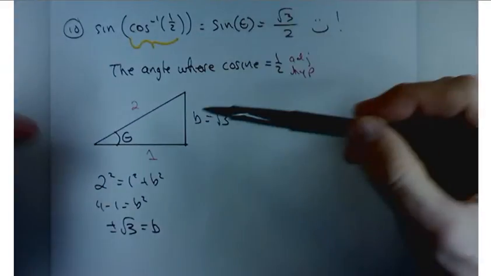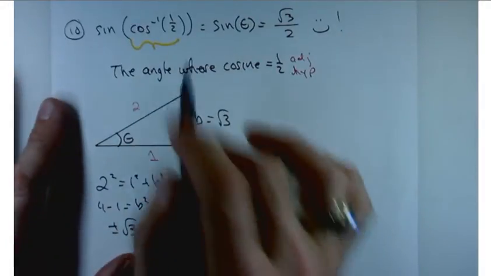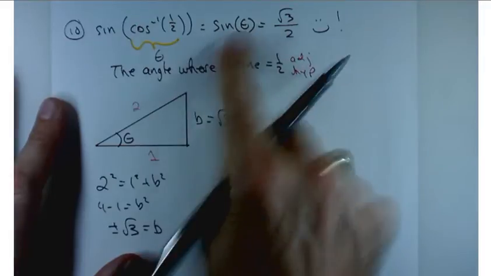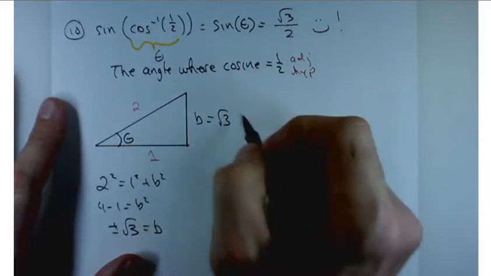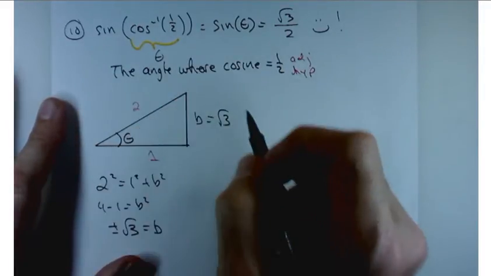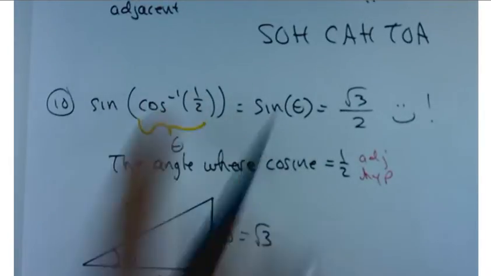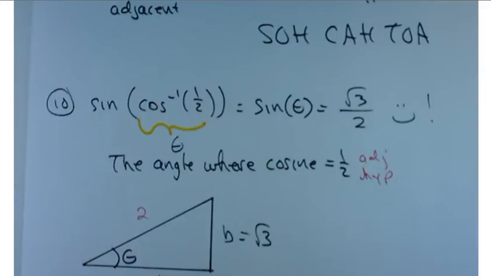All right, but are we okay with constructing the triangle? This was our theta, so the sine of theta is the sine of this angle, opposite over hypotenuse, root 3 over 2. Yes, I'm always just going to call this inside thing here theta, and these problems are all going to be very similar to what we just did.